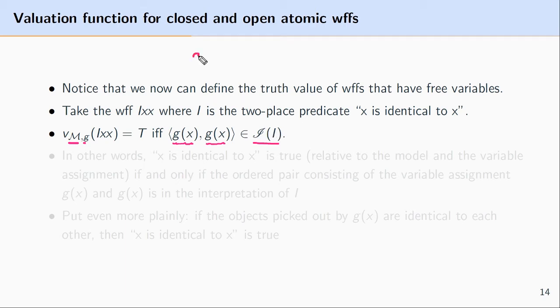That is, remember the variable assignment G is going to take the variable x and identify an item in the domain, and say that this x refers to, let's say, Liz.